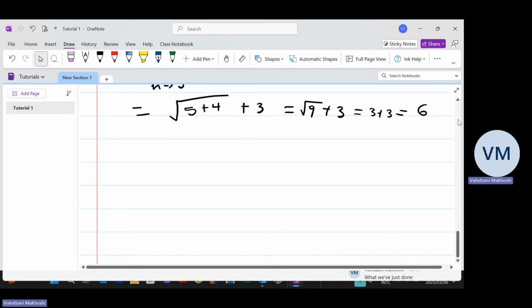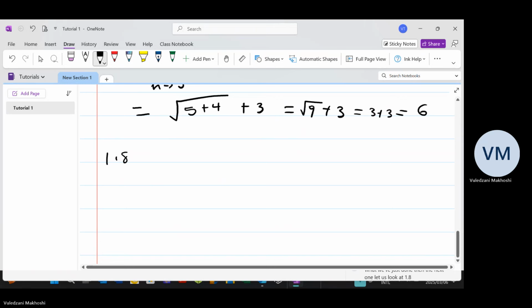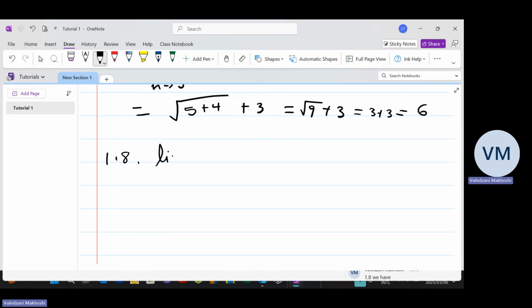Then the next one, let us look at 1.8. 1.8, we have the limit when x is approaching 1 of x to the power of 4 minus 1 divided by x cubed minus 1.